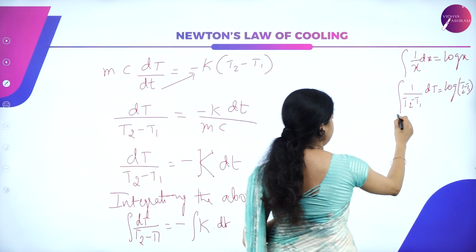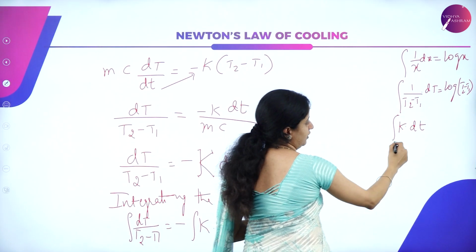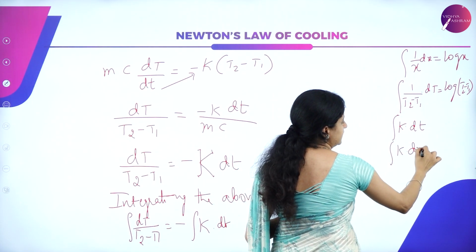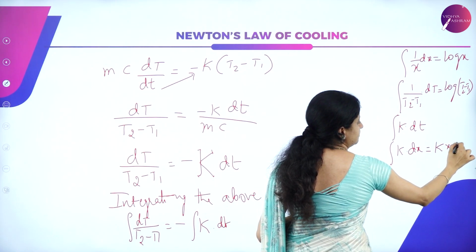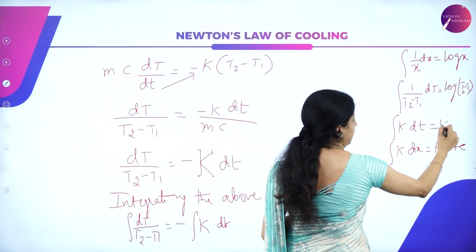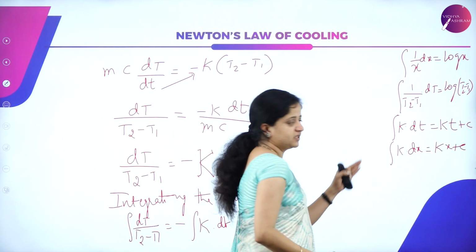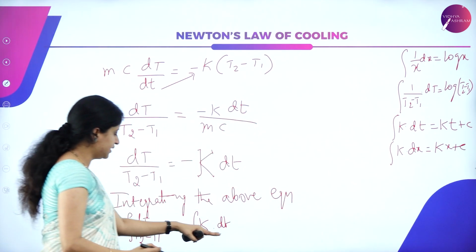Now on the RHS I have integral of K into dt. This is of the form integral of k into dx, which is nothing but kx plus c. This is a standard formula. So in the place of x I have t, so Kt plus C. This is the solution for our integration.